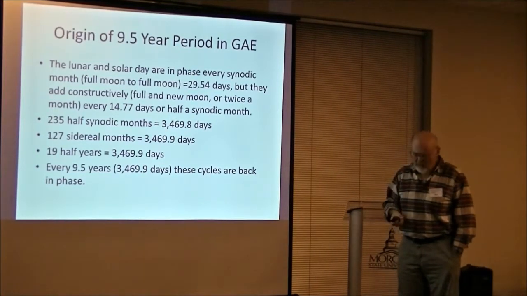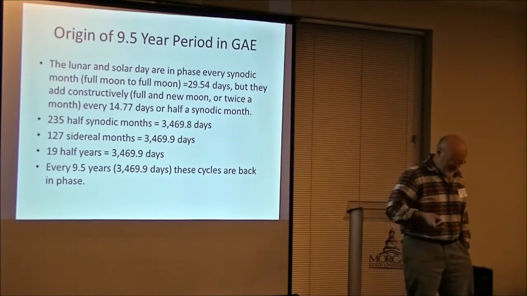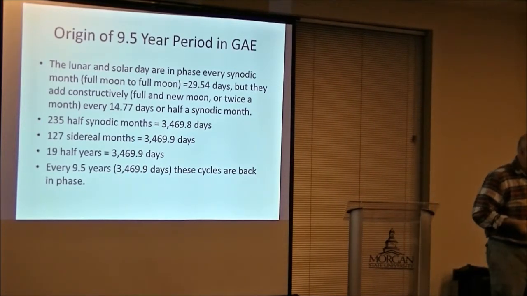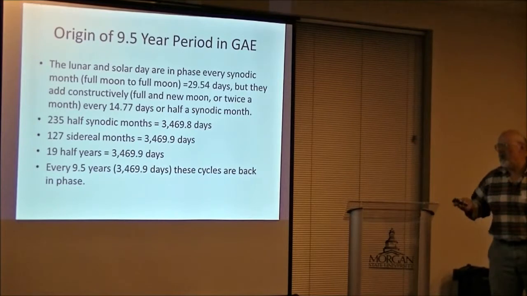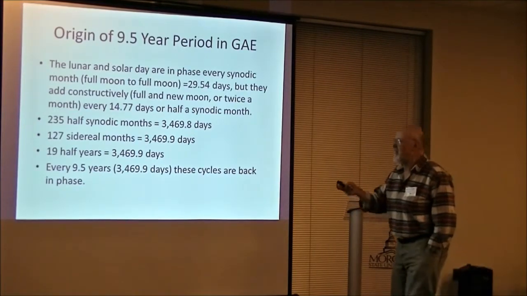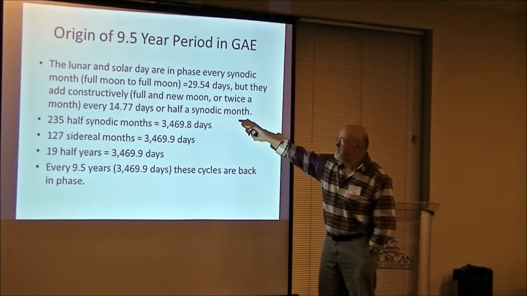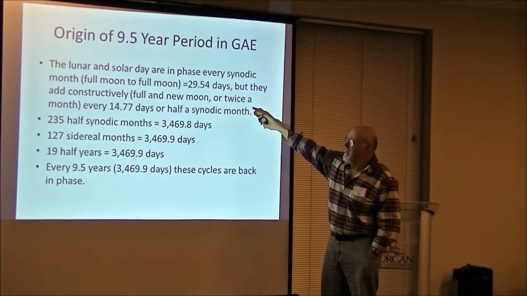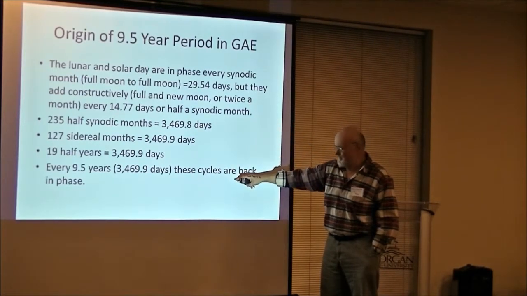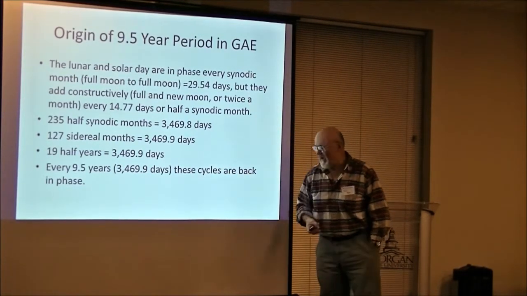Now, if you want to look at the repeat period of these, what the resonance would be, when they would all be in phase, you essentially get that Metonic cycle, or 9.5 years.